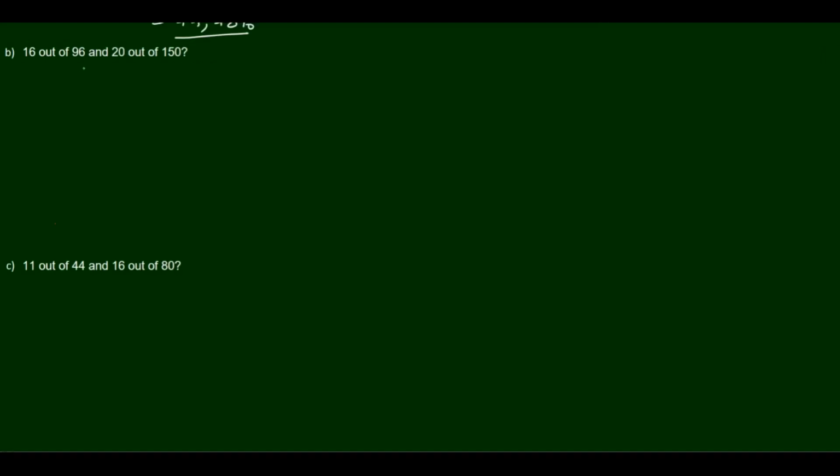Alright, what about 16 out of 96 and 20 out of 150? So let's start with this one. 16 out of 96 times 100 over 1. Alright, we can start by using 4, divide 16 by 4, divide 96 by 4, but also 16 can get into 96. How many times? About 6 times.